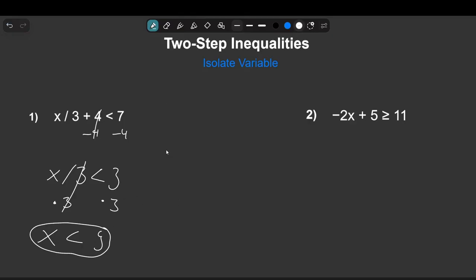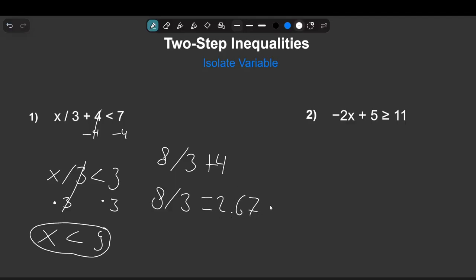So we're gonna fill this in. Oh no, I mean not 9, guys. We're going to do 8. So 8 divided by 3 plus 4 has to be lower than 7. So we're going to check if this is correct. 8 divided by 3 is going to be 2.67.